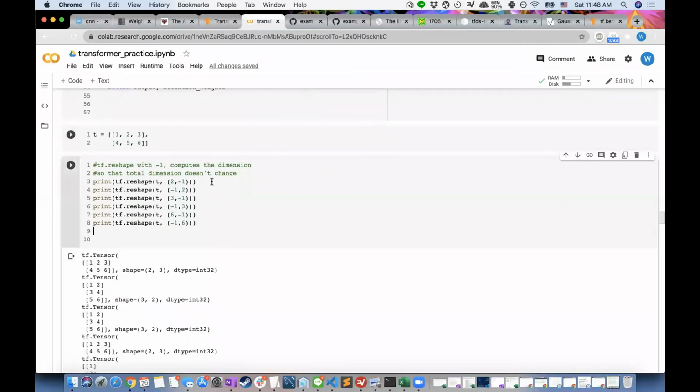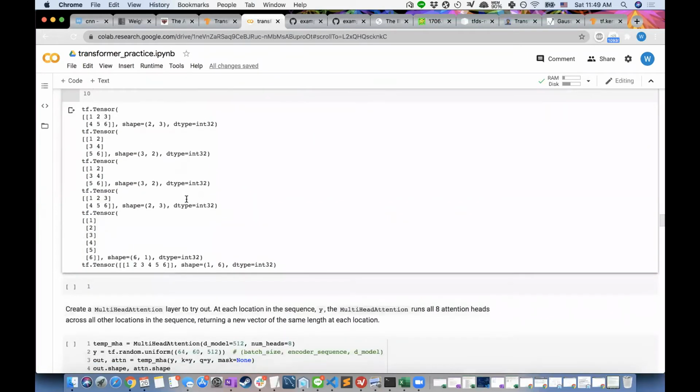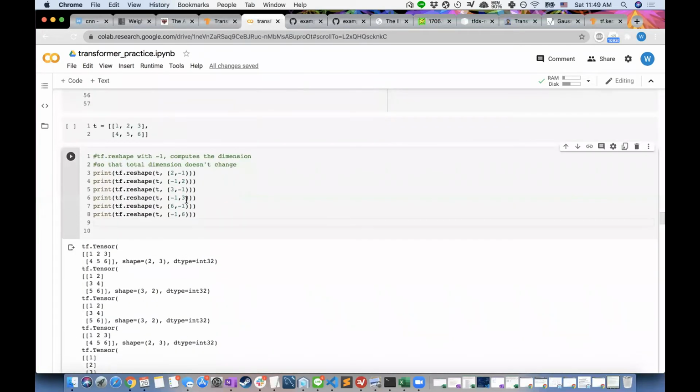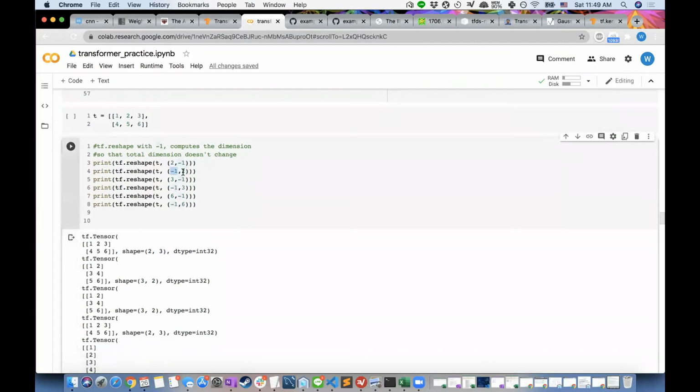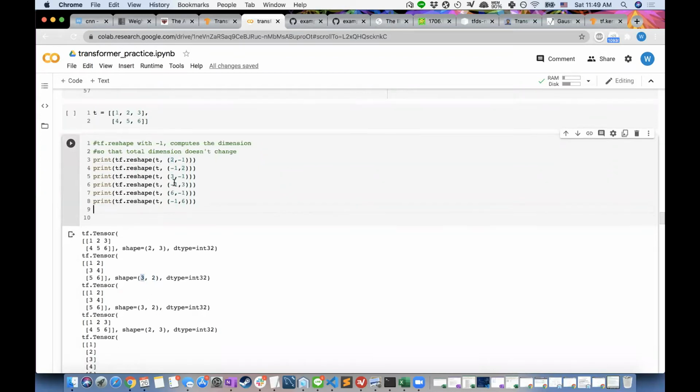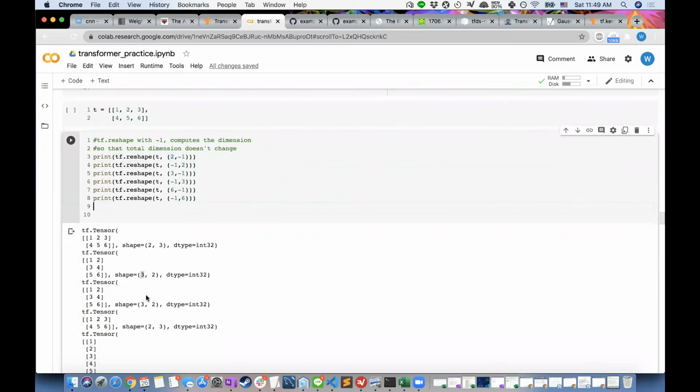And this is just, I was just doing some reshaping, trying to find out what the -1 does. I guess we can go through it a little bit here. I was just testing t, if t equals like 2 by 3, right? And if you reshape that by 2 and you don't know what your dimension is, it would just get you 2 by 3. And if you want to do like -1, 2, it would just set this as 2 and it will calculate this as 3, right? Because you have 6 numbers and 6 divided by 2 is 3.